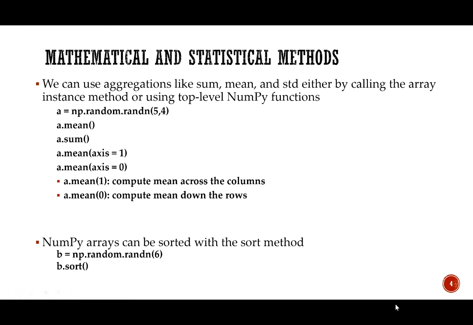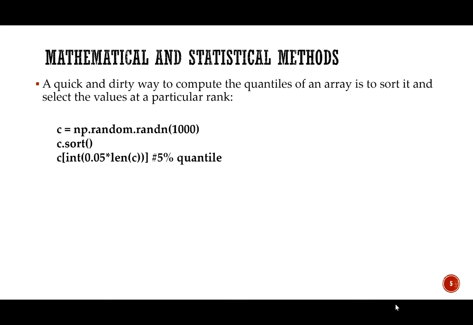Now here I would like to discuss a useful example of sorting elements in an array. A quick and dirty way to compute the quantiles of an array is to sort it first and select the values at a particular rank. So if you want the 5% quantile, 10% quantile, first we apply the sort method, and then we can simply calculate different percentages of quantile. In this example, we are calculating the 5% quantile for a randomly generated array using randn.